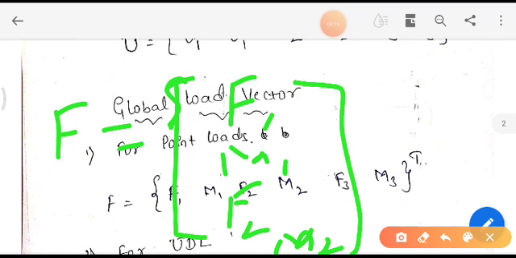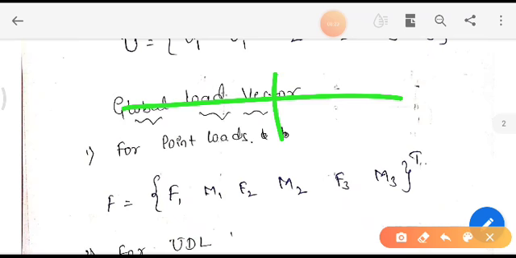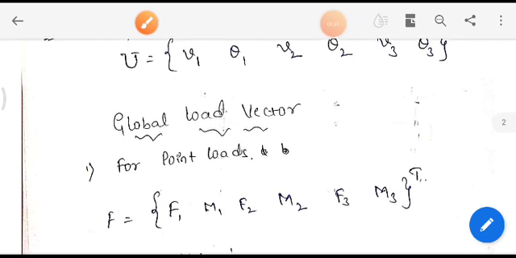So this is how we need to define the global load vector. For the example we have taken, there we have three nodes, 1, 2, 3, so we have F1 M1 F2 M2 F3 M3, transpose over here.